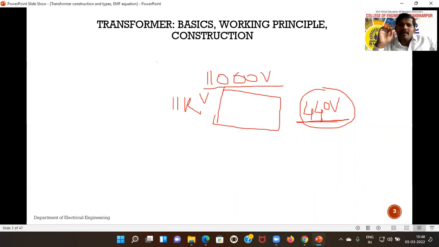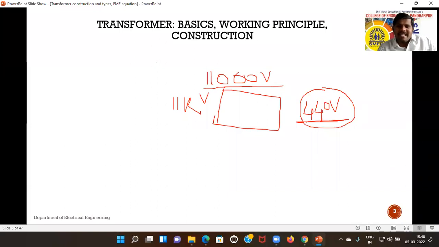See, another definition is that the transformer is a static device which can transfer a power from one circuit to another circuit with increase in voltage and a decrease in current, or decrease in voltage with increase in current.